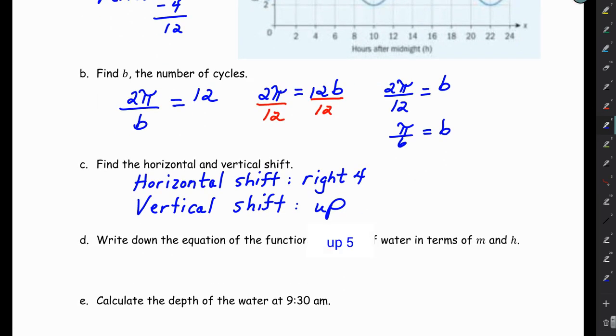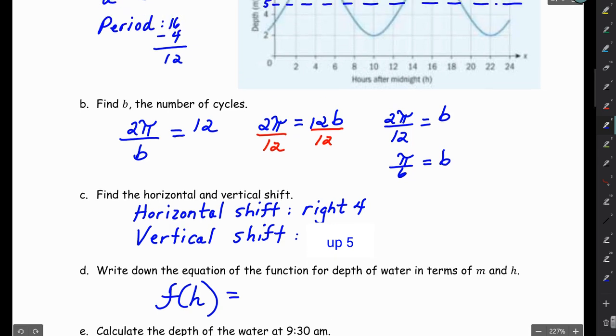So now we have everything we need to write down the equation for the function for the depth of water in terms of M and H. M is the depth and H is the hours after midnight. All right, so let's write that out. The function, when we put in hours, hours is going to be our input value.